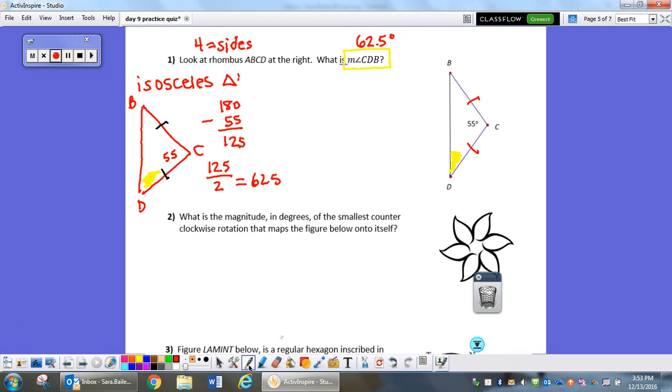Okay? Now I'm going to do it using the rhombus rules. I'll do this one in blue. So as we know, a rhombus is a quadrilateral, which means all of these angles, all 4 of those, need to add up to 360.